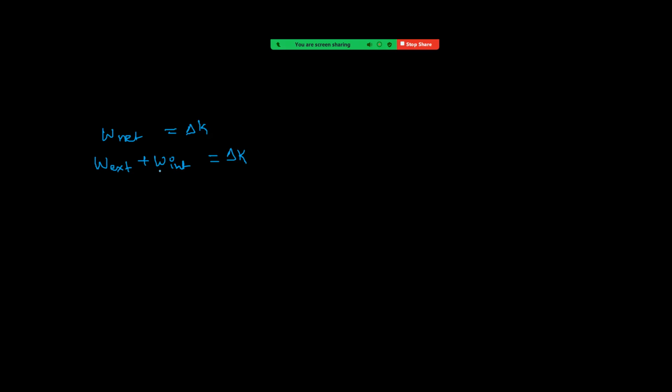If you take that, then this becomes minus delta U. Therefore, work done by external forces is equal to delta K plus delta U, because we have taken all internal forces to be conservative. Therefore, work done by internal forces is equal to negative of change in potential energy of the system.